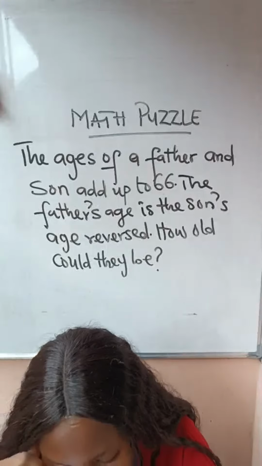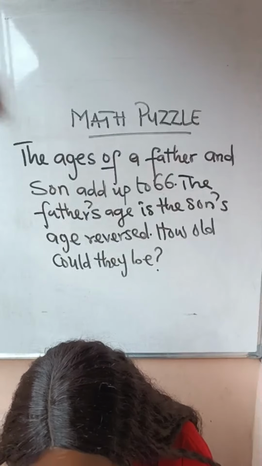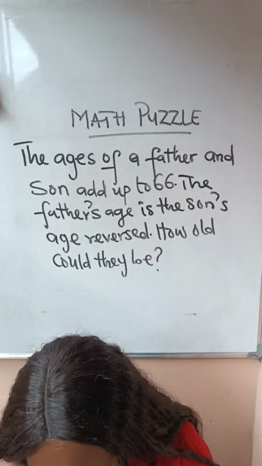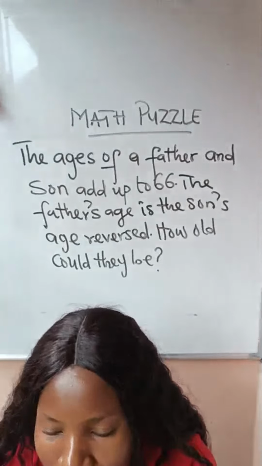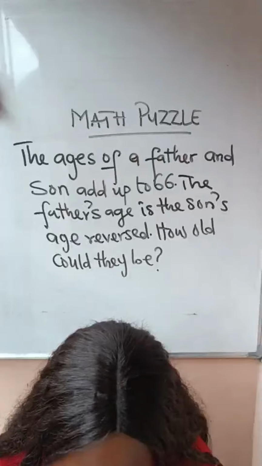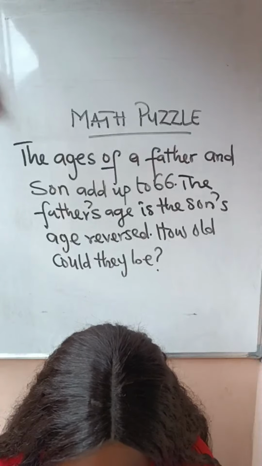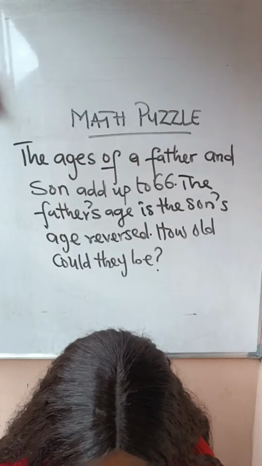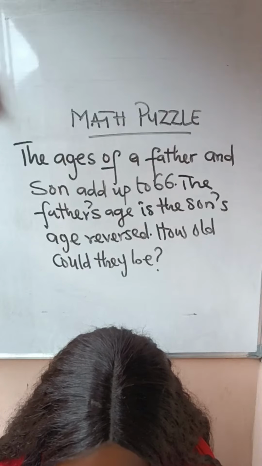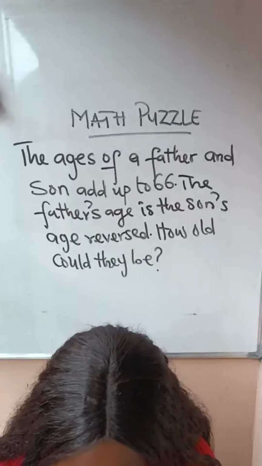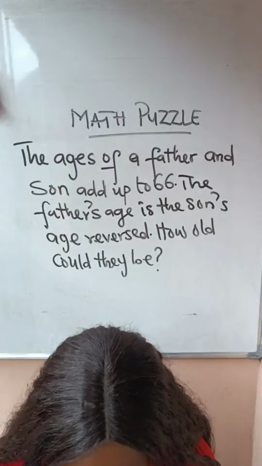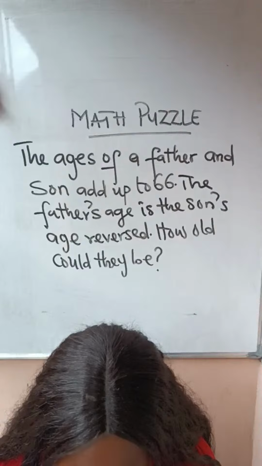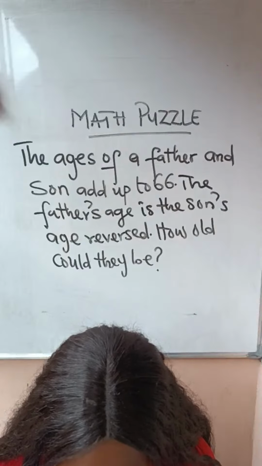Thank you so much for joining. Frosty, why are you crying? So Jugi is saying only two answers. 51 and 15, and 42 and 24.